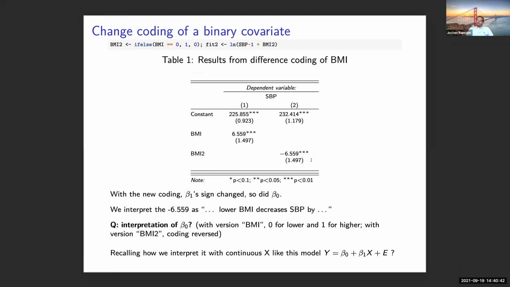Now, the if-else function. We will play around with this a little bit in the lab. So if we're recoding BMI into BMI2, BMI is currently coded in the Markdown file so that high BMI equals 1.